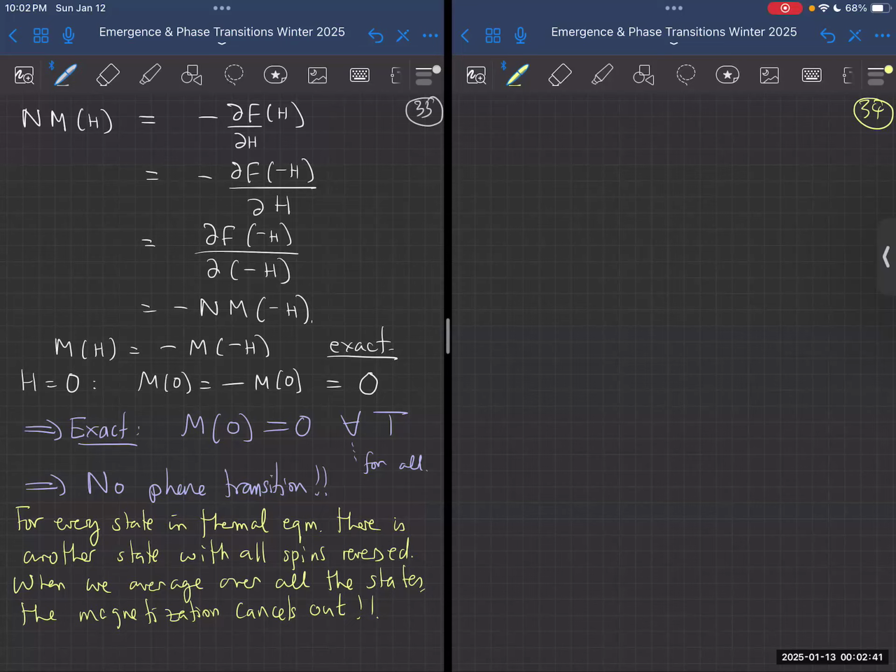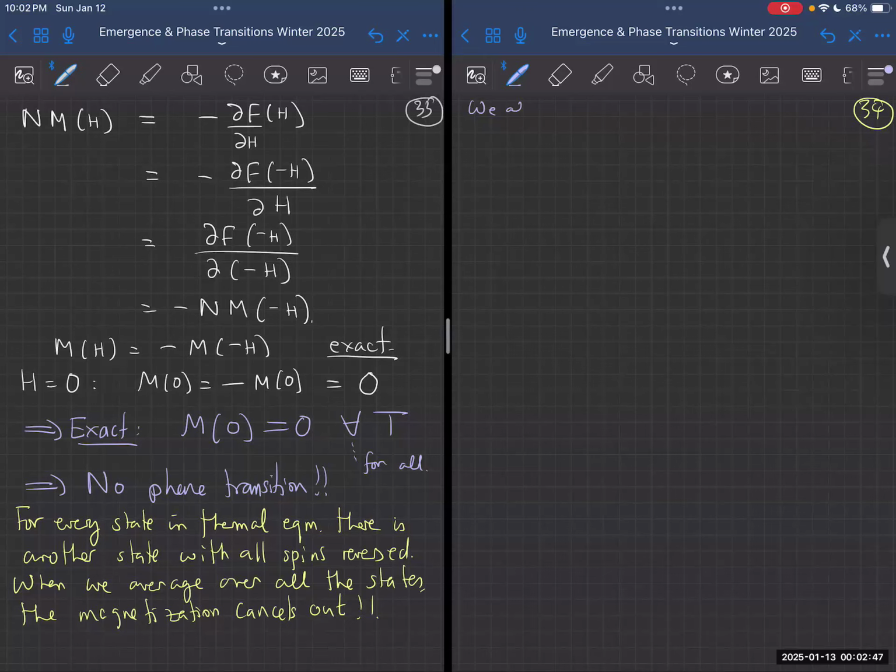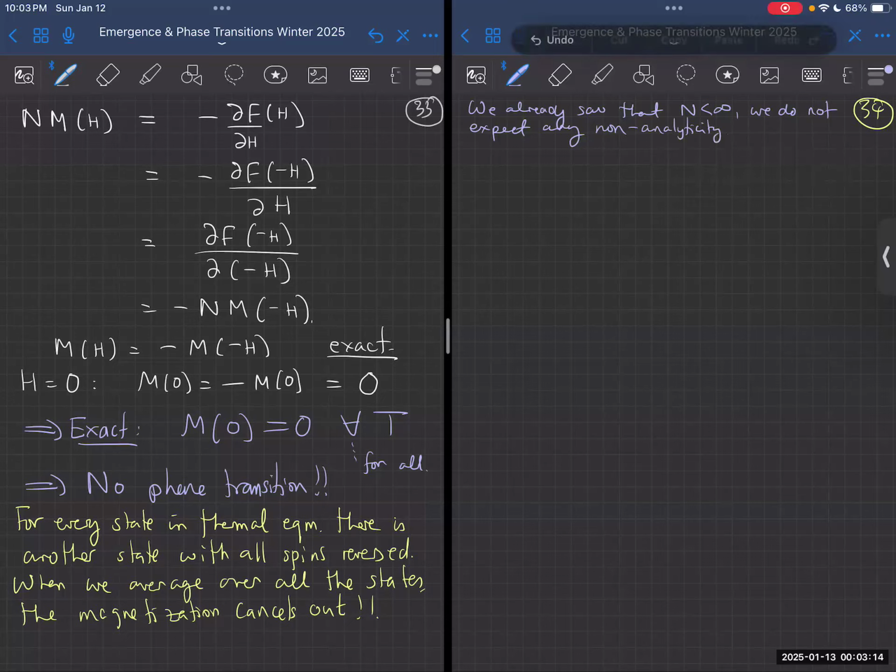In that spirit, we already saw that if n is less than infinity, we do not expect any non-analyticity. So what might happen when n goes to infinity?